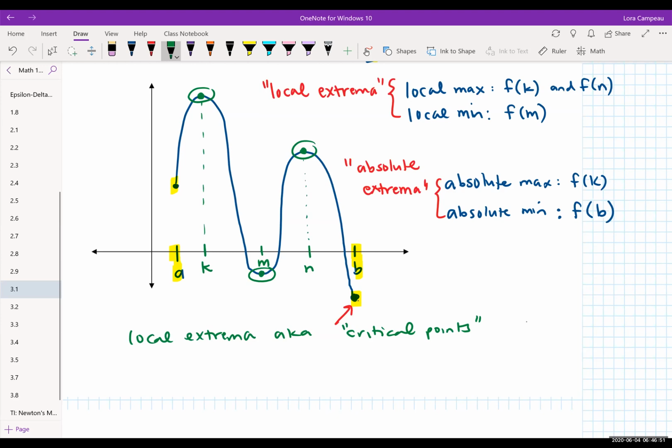And, important, critical. But our author here, Stewart, uses a different vocab for this. Sometimes when you read different calculus books by different authors, they have their own way of explaining, their own style.